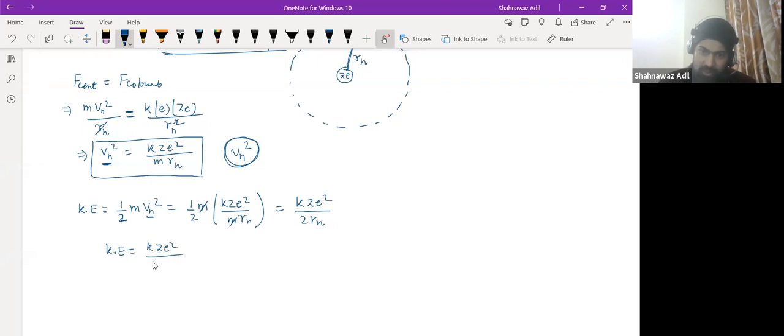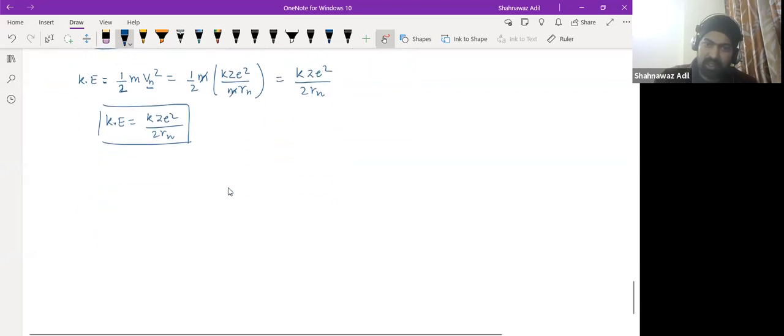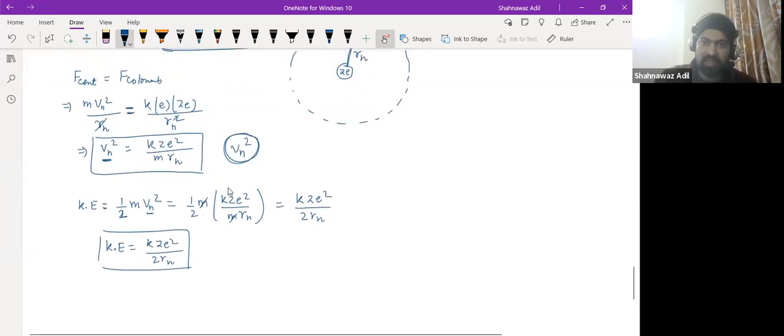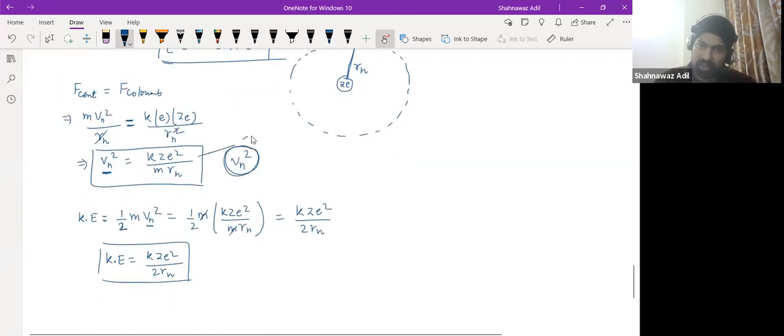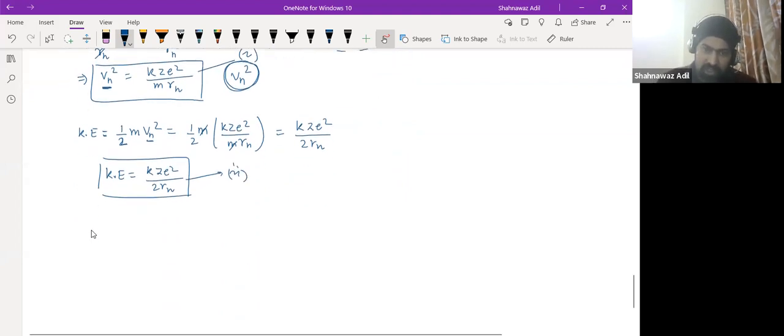Okay, so this is the kinetic energy that we have. Let us name these things. Let's say this is one, let's say this is two. And now we have to calculate the potential energy.